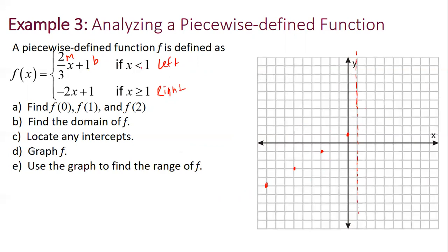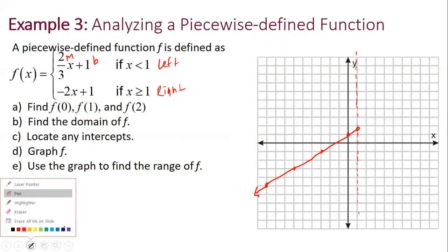So at about 1 2/3 on this graph, I have a hole. And the reason why it's a hole is because does it say equal to? No, it does not. So at about 1 2/3, there's a hole. And I'm just going to connect the pieces, and that's the left side of my graph.